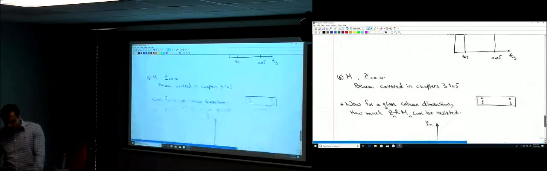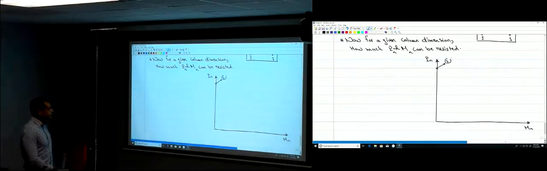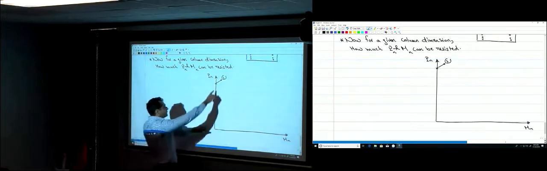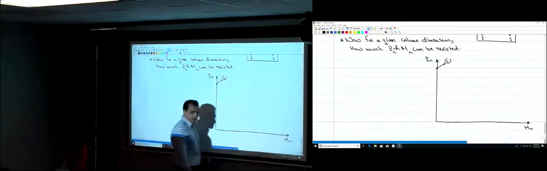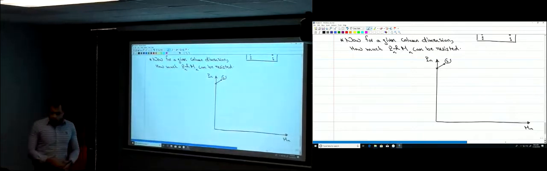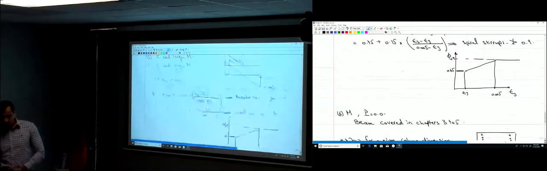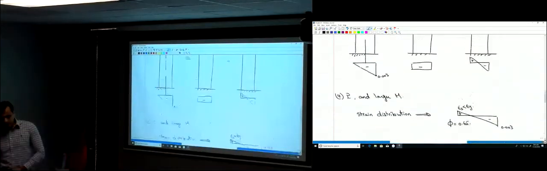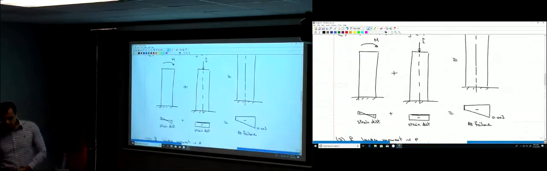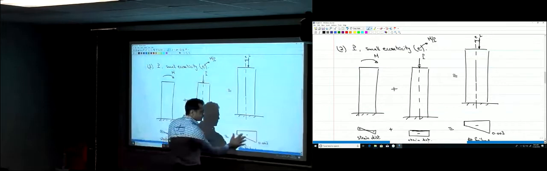So as you see, at this point 1 you have an axial strength but 0 moment strength. As you go to case 2, where you have some bending moment and some P, the strain distribution will look like this.